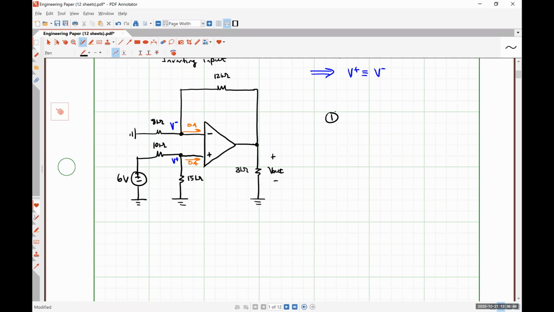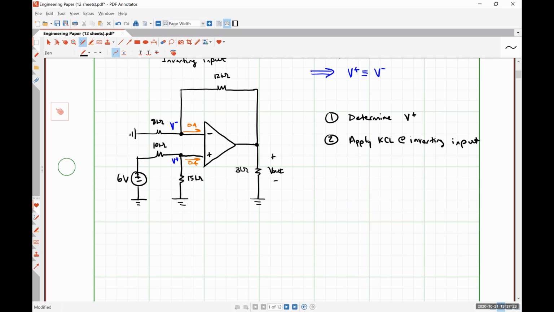Number 1 is to determine the value of the voltage present at the non-inverting input terminal. Step number 2 is to apply KCL at the inverting input. If we do these 2 steps properly, after having applied our ideal op-amp rules, we're going to get the output voltage correct every single time.